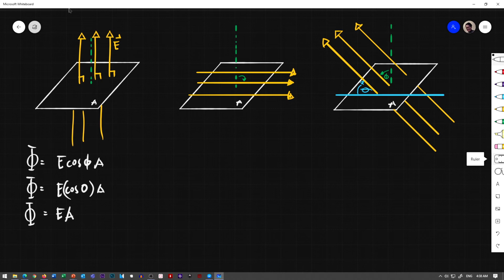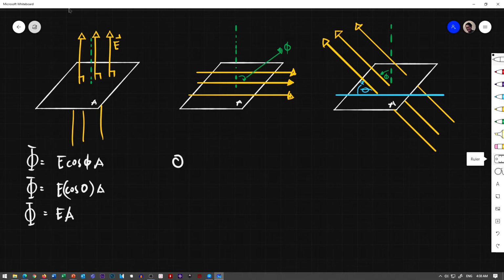Okay, so how about this second example? For the second example, you're going to notice that the phi is here, no? So there's your phi, which is perpendicular to the electric field, right? The electric field is parallel to the surface and is perpendicular to the normal line.